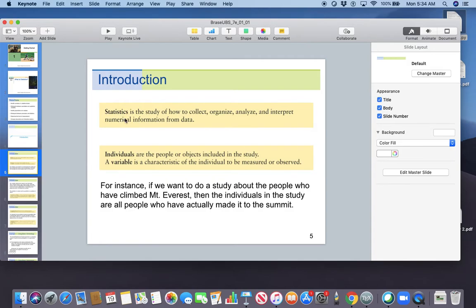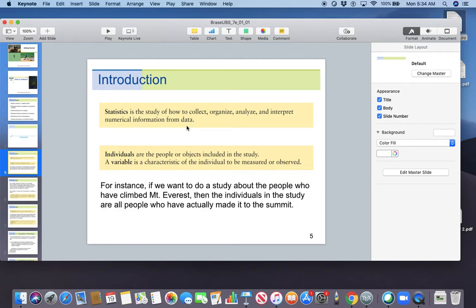Statistics is the study of how to collect, organize, analyze, and interpret numerical information from data. You see, you are a student of statistics. So if you are a nurse or a doctor, a teacher, a scientist, at some point you will have to collect information.